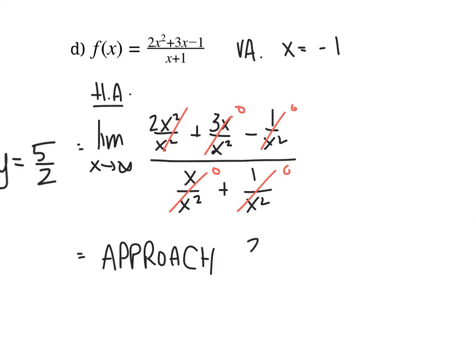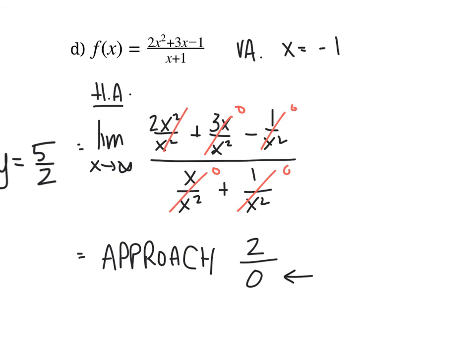2 over 0. The reason I didn't just write that it's equal to 2 over 0 is because this is indeterminate, since there's a 0 in the denominator. It doesn't actually equal 2 over 0, it approaches 2 over 0. As x gets larger and larger, that denominator gets closer and closer to 0.